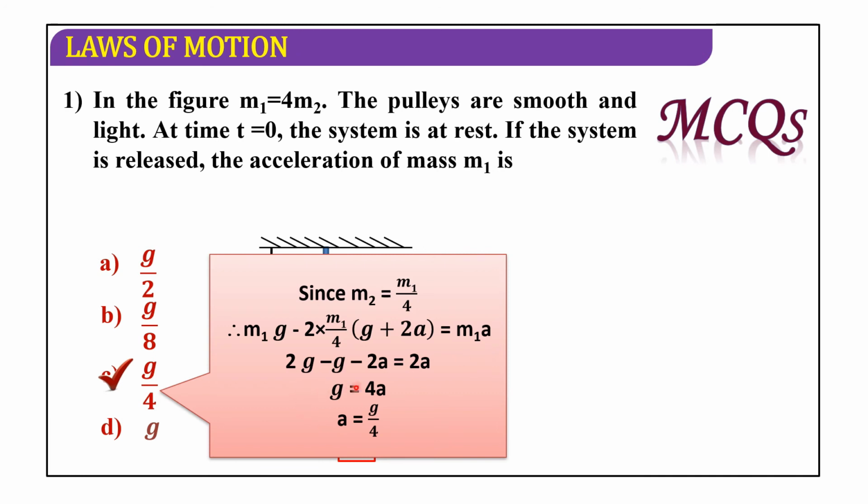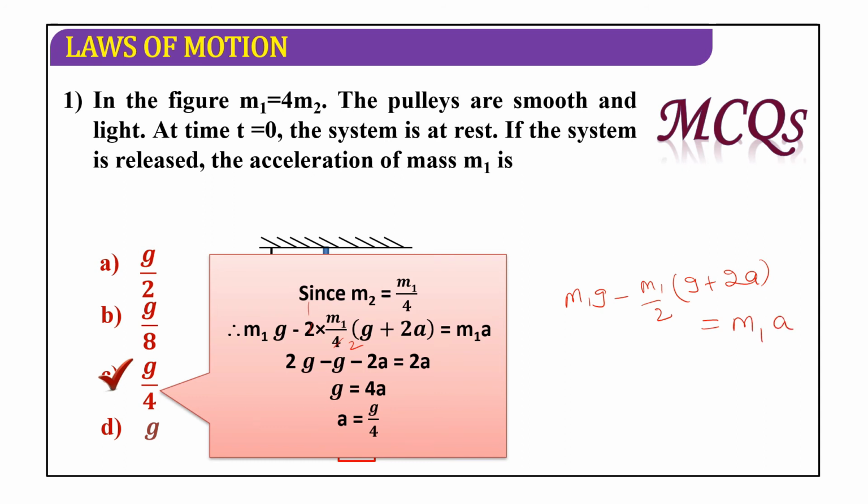So here we are getting m1g minus m1 by 2 of (g plus 2a), that is equal to m1 into a.